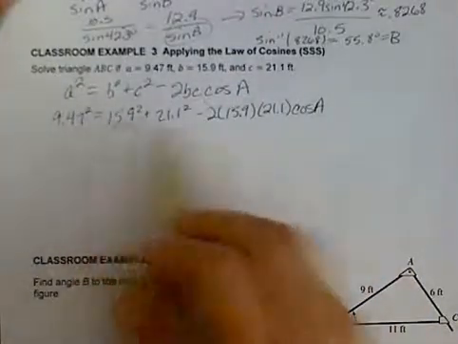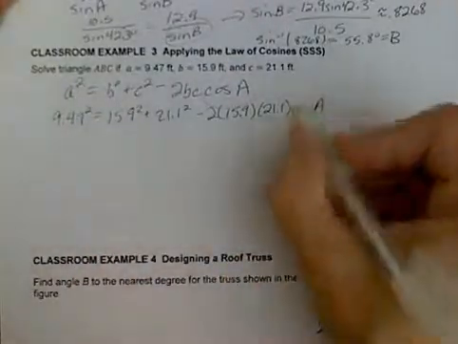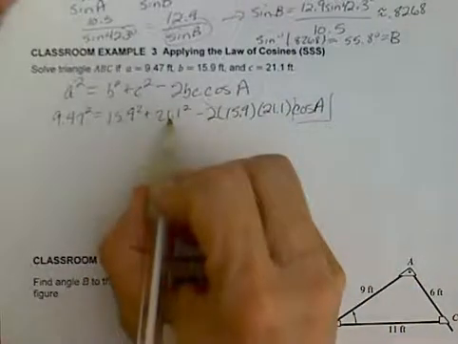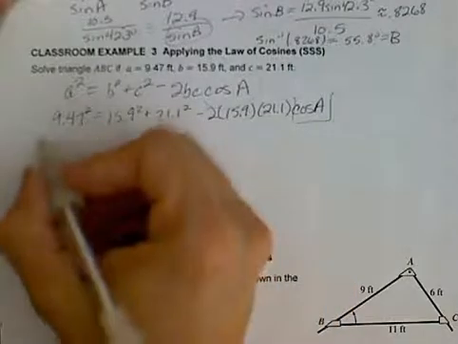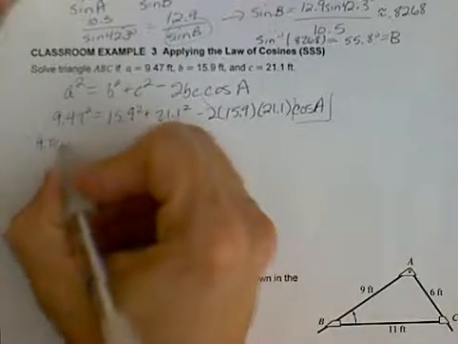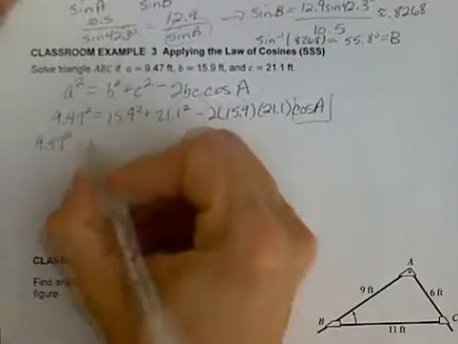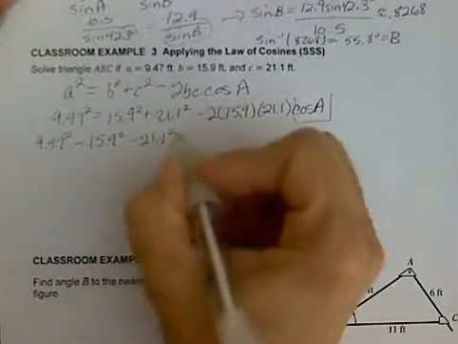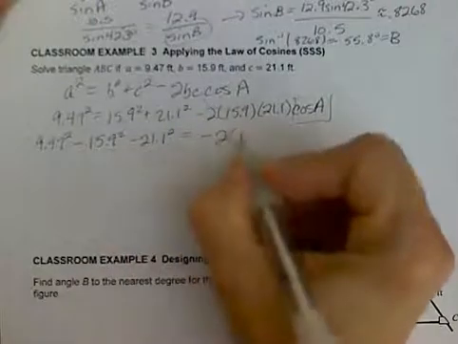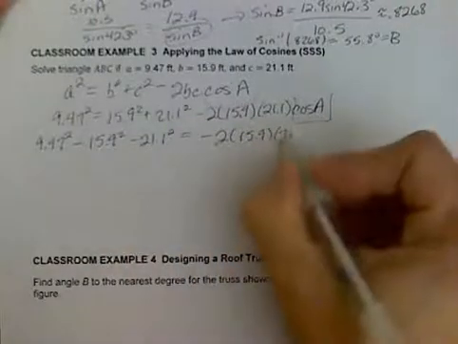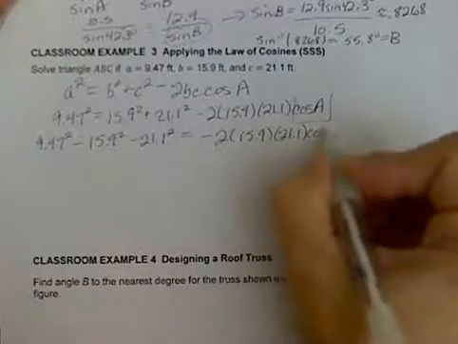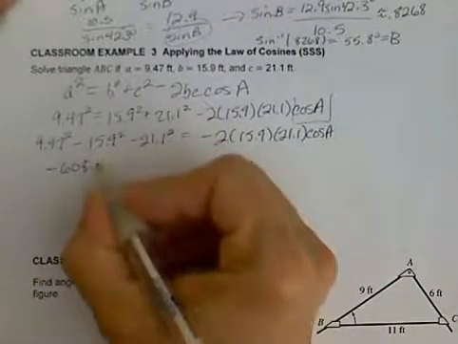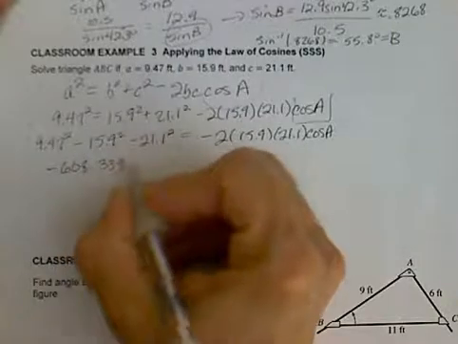And I do want to be careful when I go to solve this for the cosine of A. First, I'm going to have to subtract these two values from both sides. So really what I'll have is a squared minus b squared minus c squared on this side. When I put this in my calculator, I get negative 608.3391.